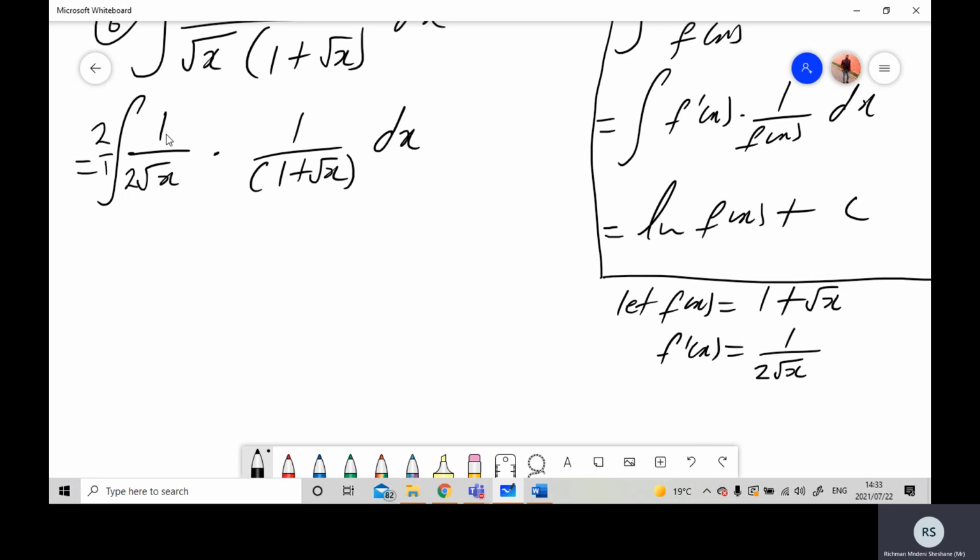I have the integral of f prime times 1 over f of x, which is this form. So I can write 2 here. The integral of this form is always going to be ln of f of x. My f of x here is 1 plus square root of x. And then you say plus c.